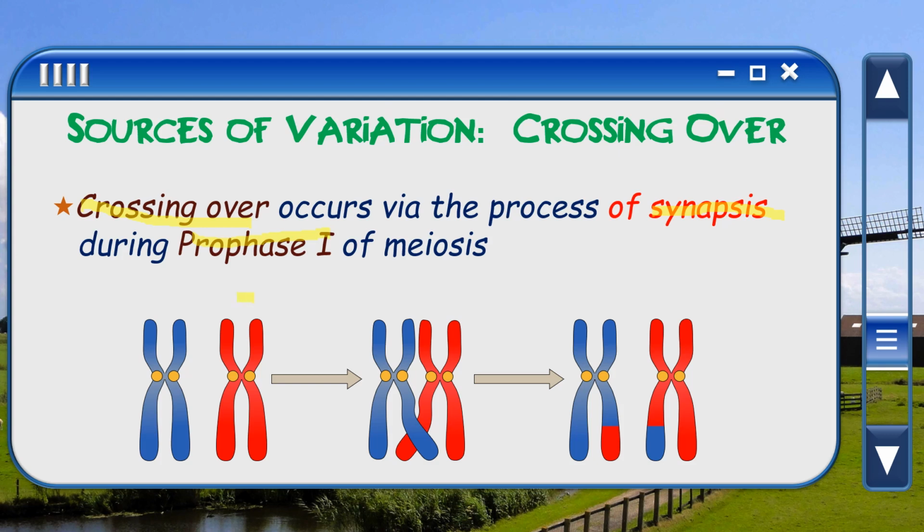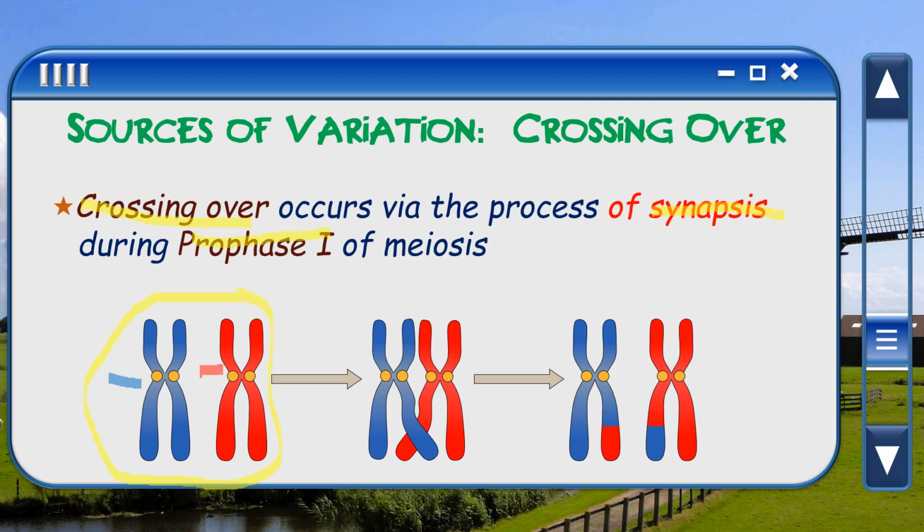In prophase 1, we have homologous chromosomes aligning themselves together, moving together. This one might have come from the paternal and this one from the maternal, but they are homologous chromosomes.